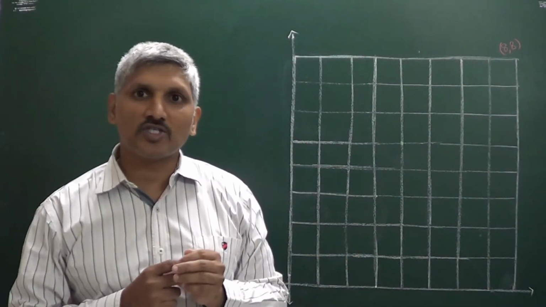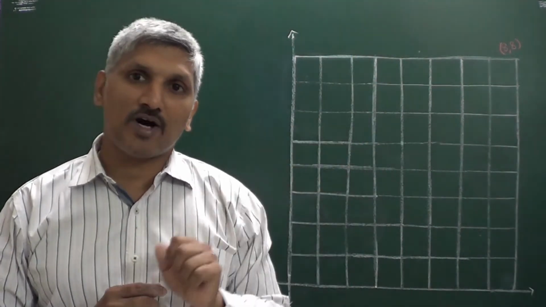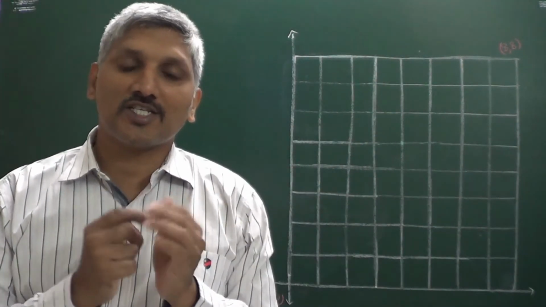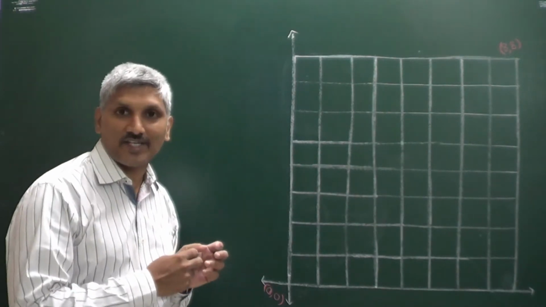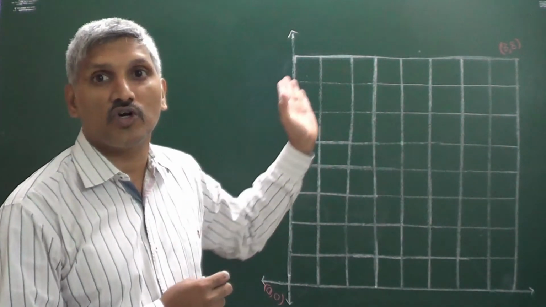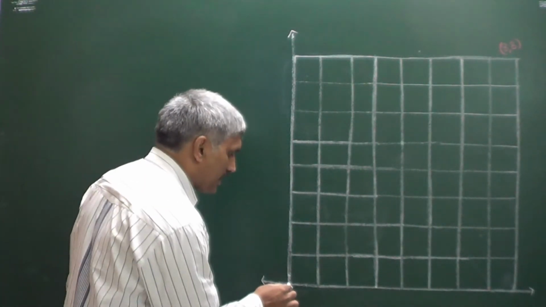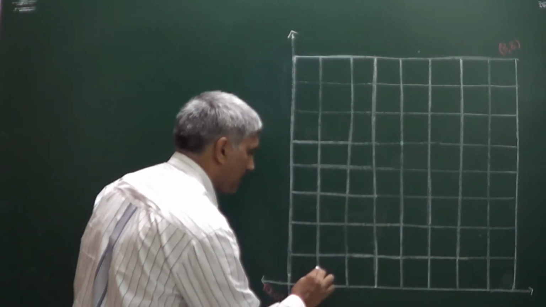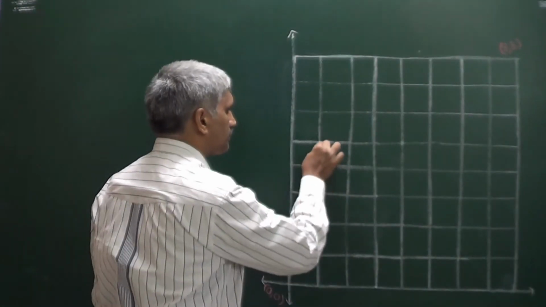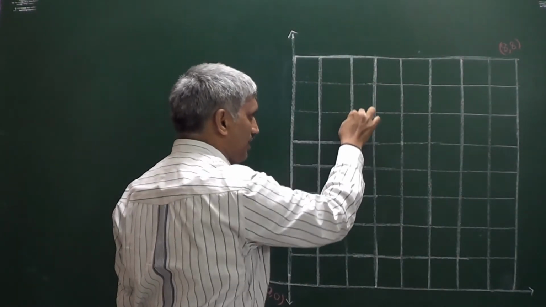A person wants to travel from 0, 0 to 8, 8 in the shortest path. So then the number of different ways he can travel from 0, 0 to 8, 8. I am saying he has to travel in the shortest path, means he is going like this, again he is moving up like this, and again he is coming down.